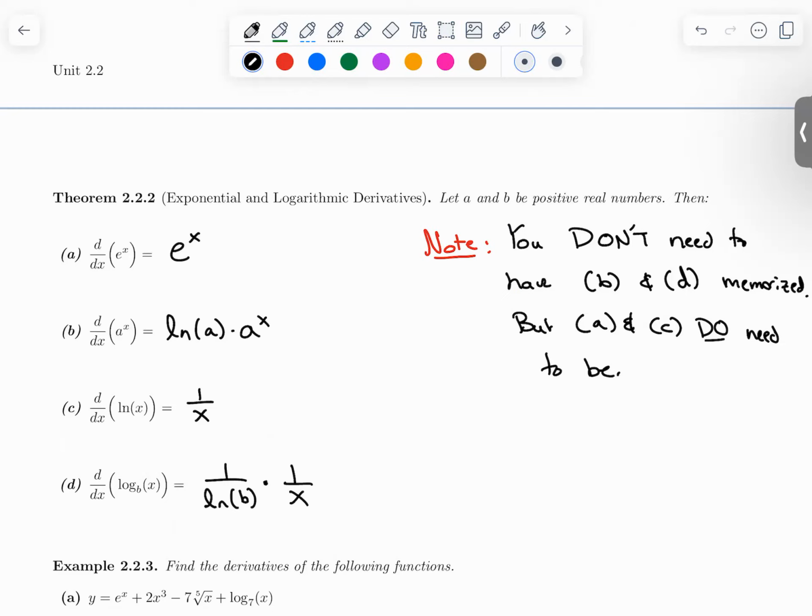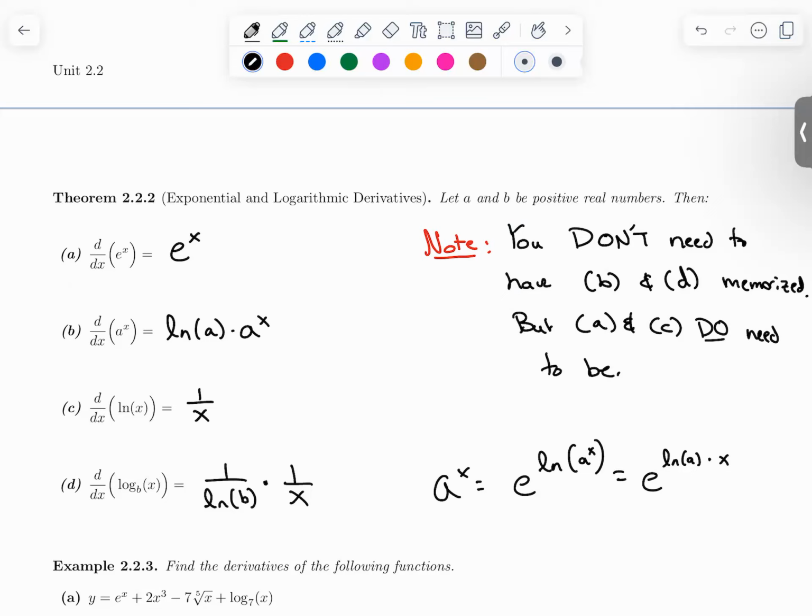It might happen, but the fact of the matter is that any exponential can be rewritten as a natural base. So a to the x, you can just write this as e to the ln of a to the x, which is e to the ln of a times x. Boom. You've got a natural base now. So you don't need to write that down. You're not going to be tested on that.